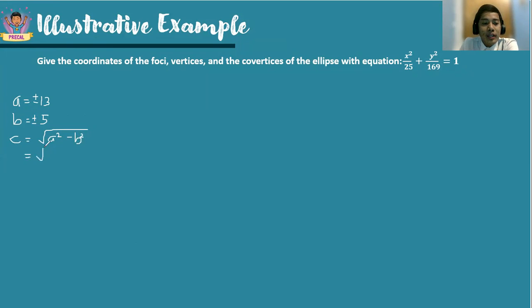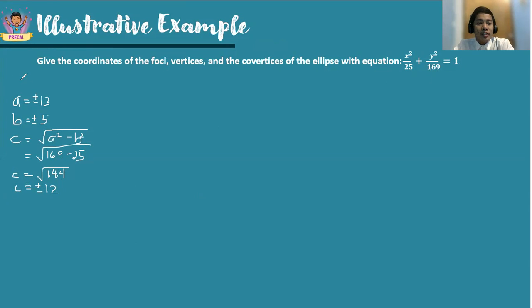So that would be 169 minus 25, which is equal to the square root of 144. So c now is positive, negative 12. Any question?